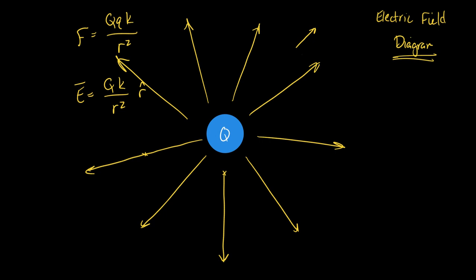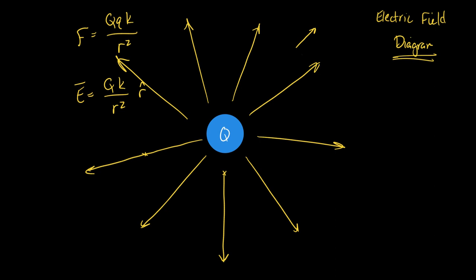That shouldn't be a surprise, but keep in mind, what if I made this negative? How would it change this diagram? Would the diagram change very much? Would the spacing of the arrows change at all? Would the direction of the arrows change? If I wanted to draw the version of this where there's a negative charge at the center, do you all realize you would just change all these arrows to point inwards?